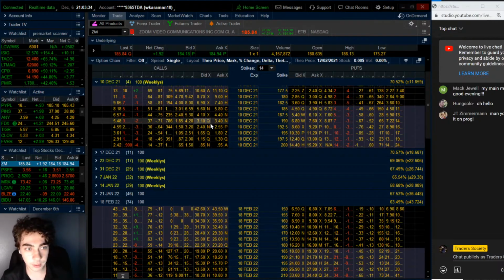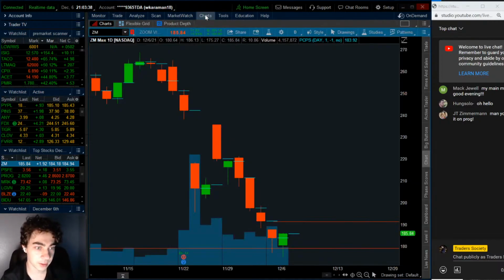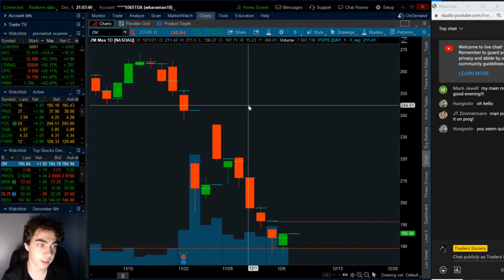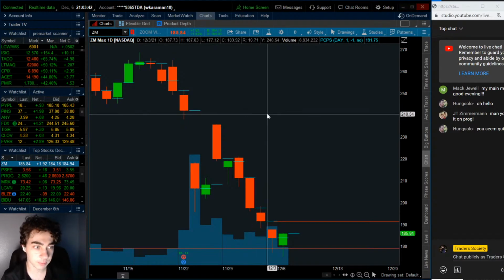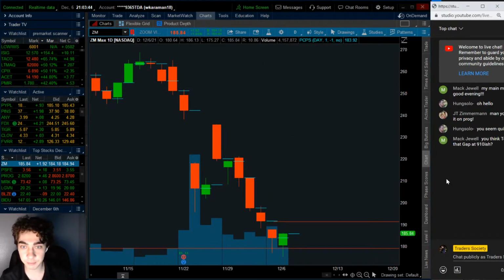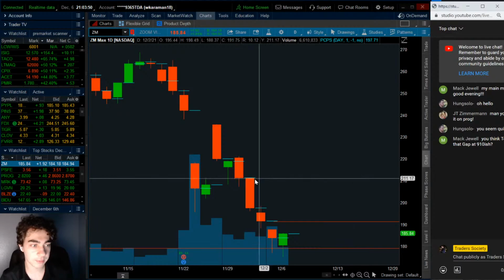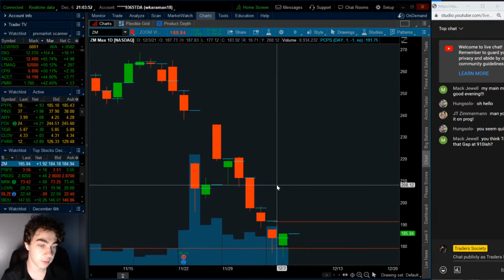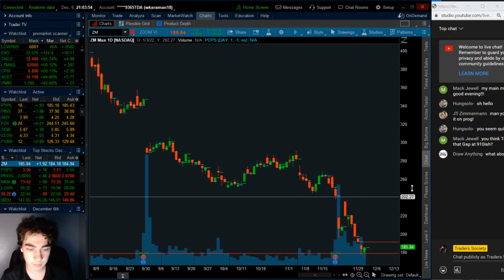Those will be worth around $4.50 if Zoom can quickly spike tomorrow to like 191. That's around a 35% return. So that would be one of the top focuses I'll be looking into tomorrow, to buy the breakout on Zoom stock.